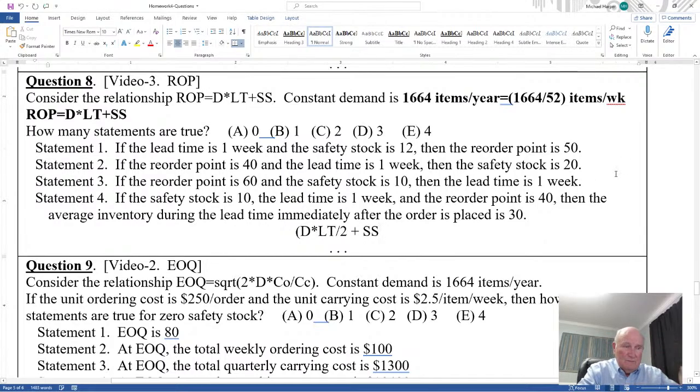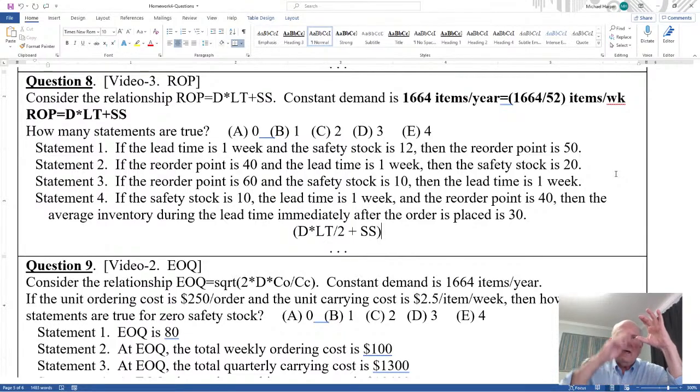Whoops, parentheses. So I'm carrying my safety stock the whole time, but my demand times lead time is going to go away. So only half of that will be my average inventory for that part. But then for the average inventory, I'm carrying safety stock the whole time. So that's going to be the equation. That's the equation for this one here.